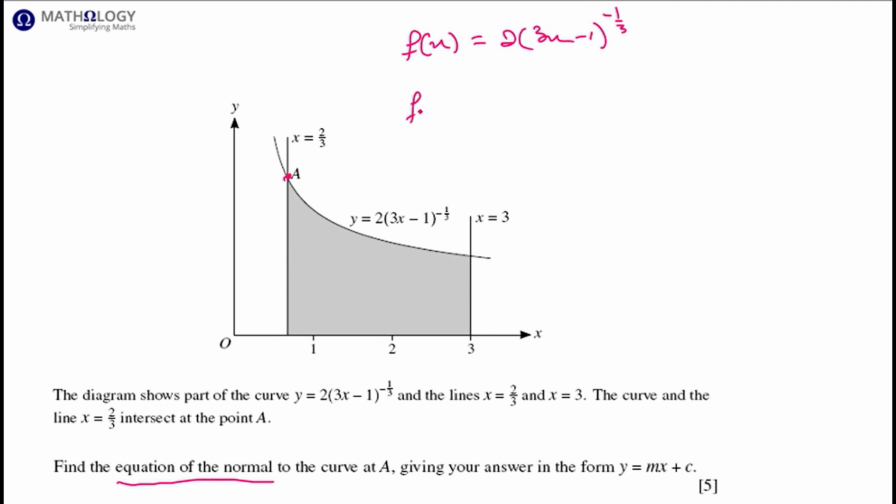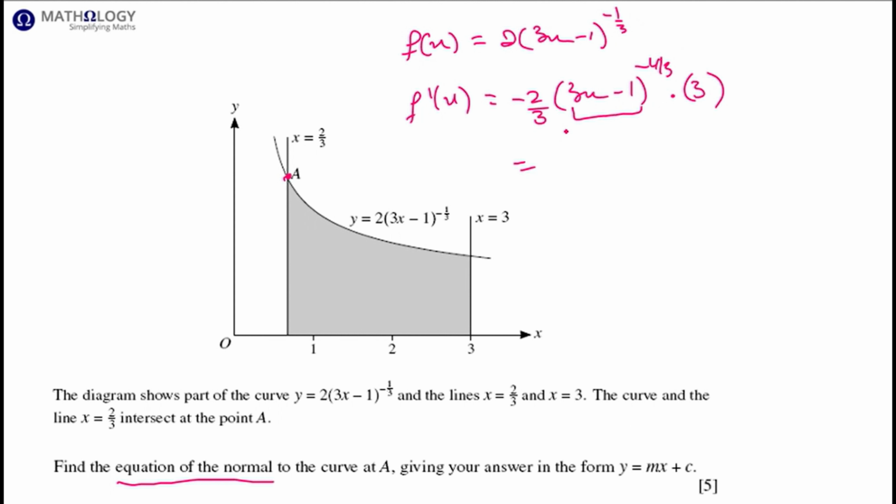So f prime x equals 2 times minus a third, so minus 2/3 times (3x minus 1) to the power of minus a third minus 1, which is minus 4/3, and then we multiply by the derivative of 3x minus 1, so we times by 3.